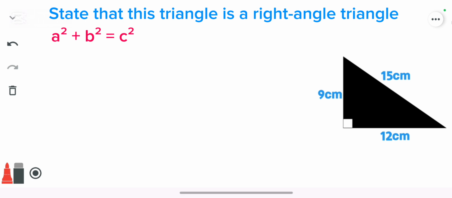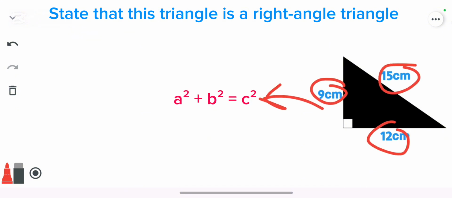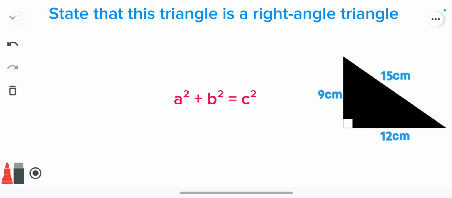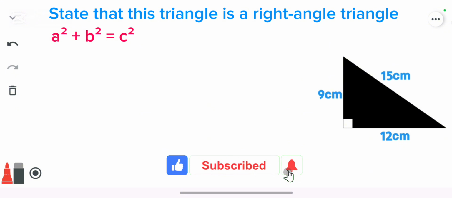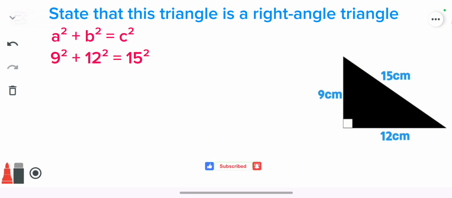Now we are going to again insert these lengths here into the formula, into the equation. So there we go. A squared is 9 squared plus b squared is 12 squared equals to c squared is 15 squared.